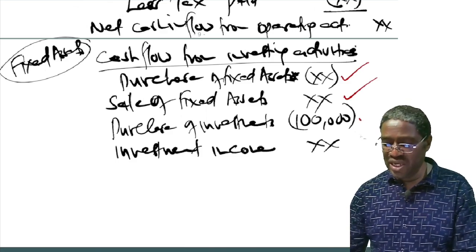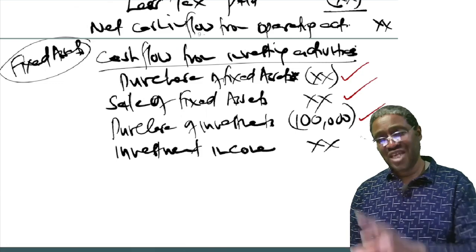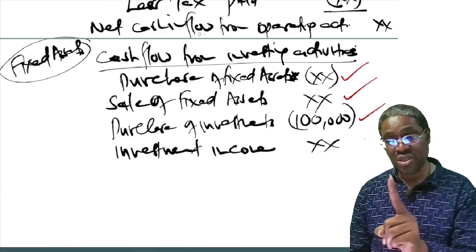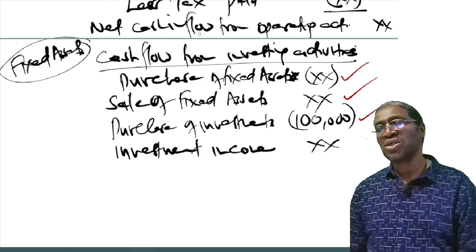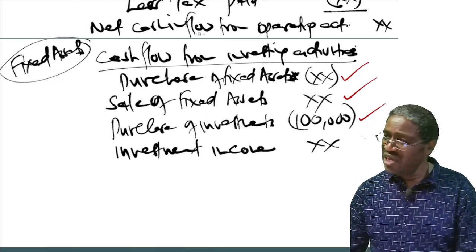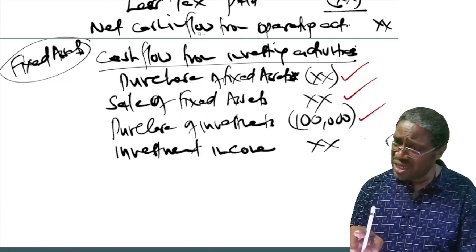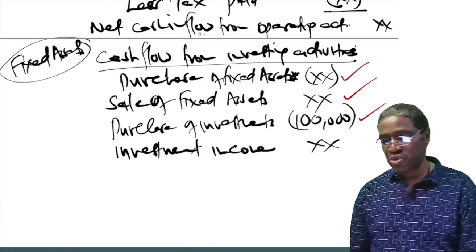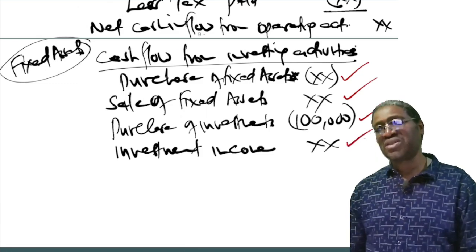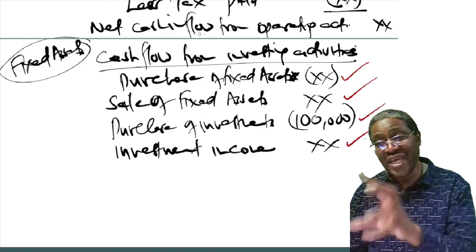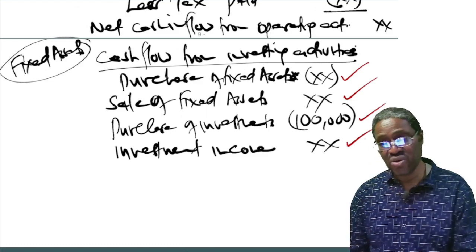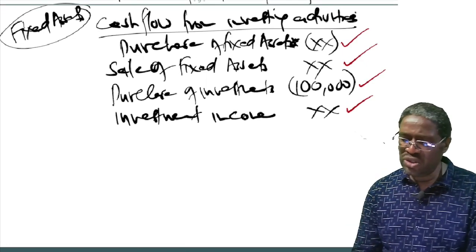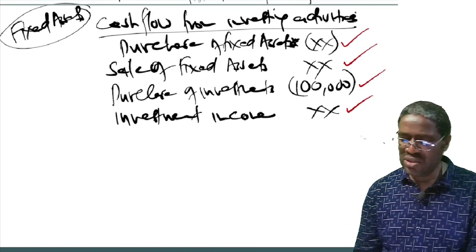And I've said any purchase of investment, and I've told you that investment is only the long-term investment, not the current. Good. And I've said if that investment gave you an income, that investment income should be classified as an investing activity. Any investment income. You okay now? Good.